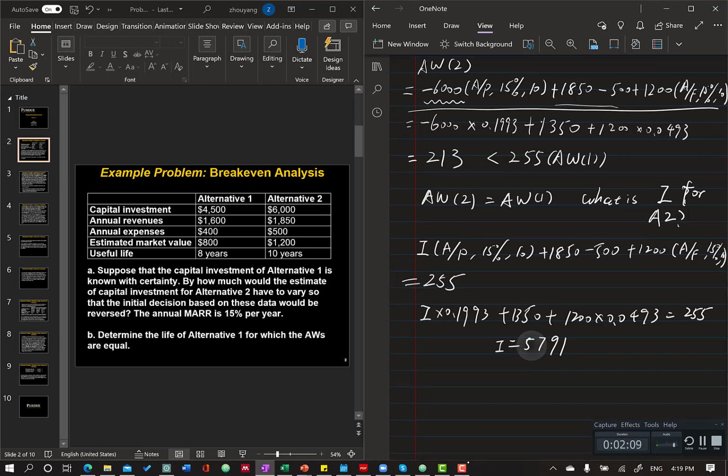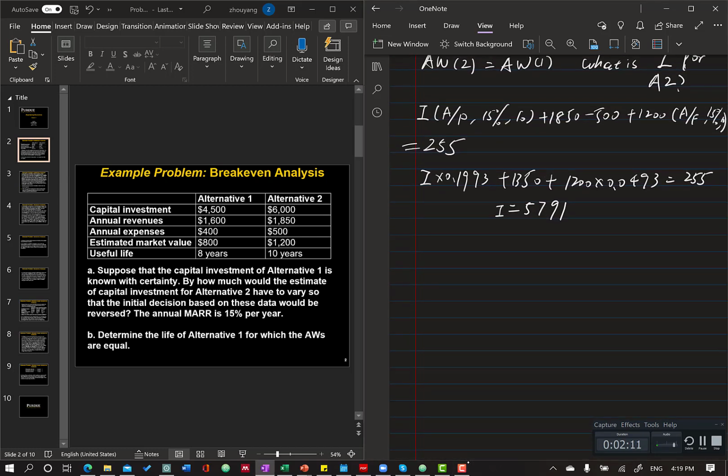So this means when the initial capital investment for alternative 2 equals this number, the annual worth of alternative 1 will equal that of alternative 2.